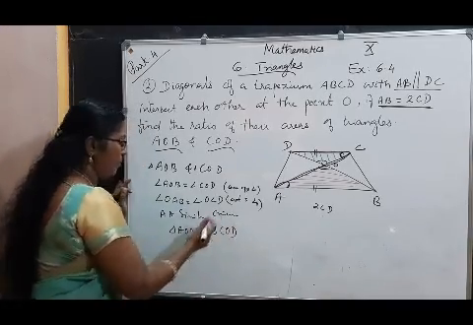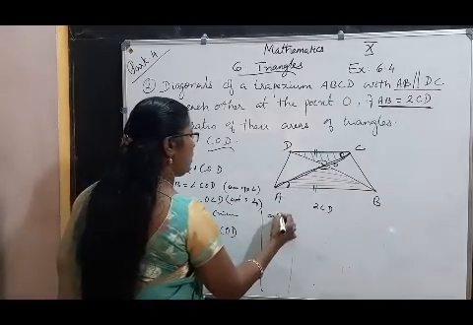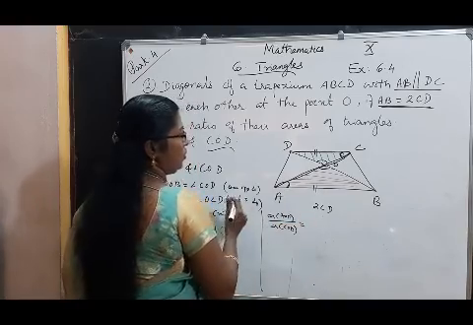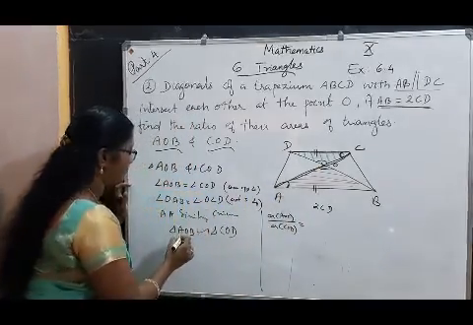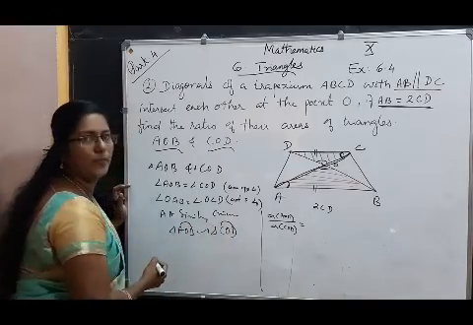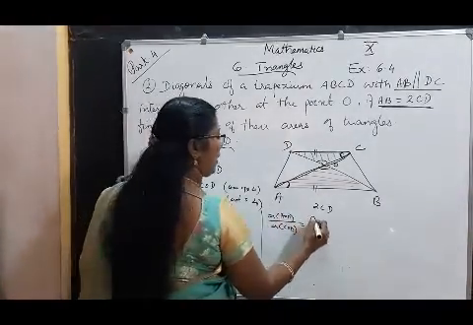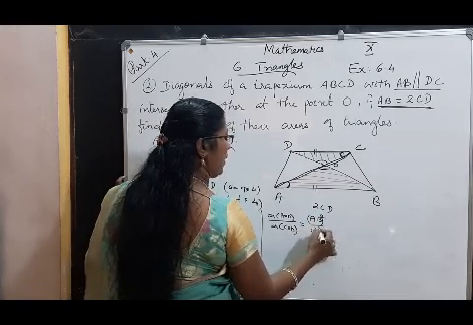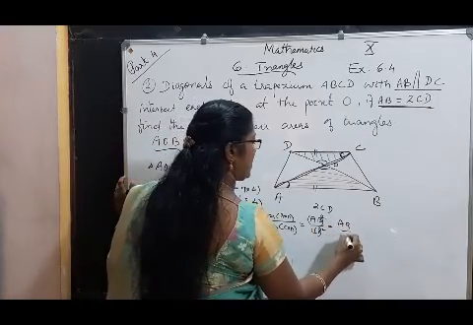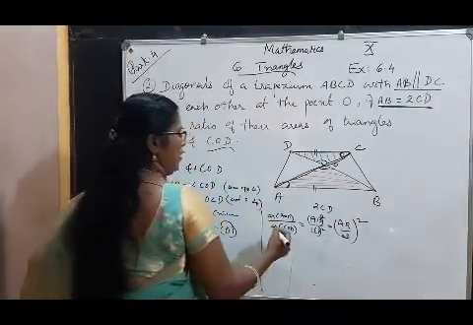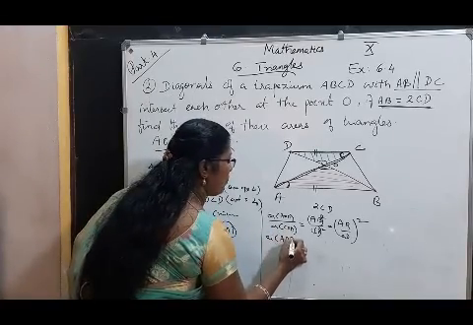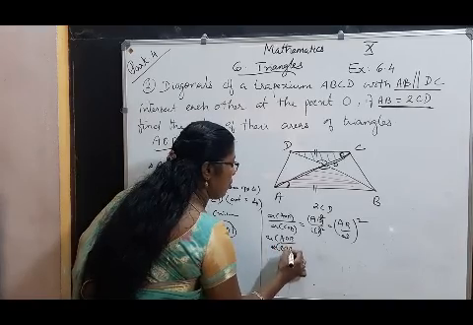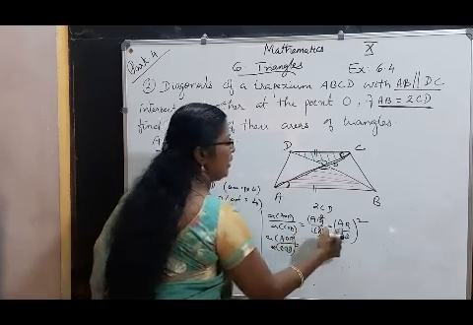If it is similar, what about its areas? Area of AOB by area of COD equals, here AB and CD are the corresponding parts, so we can write AB square by CD square, or AB by CD the whole square. Again, area of AOB by area of COD equals, what is AB?